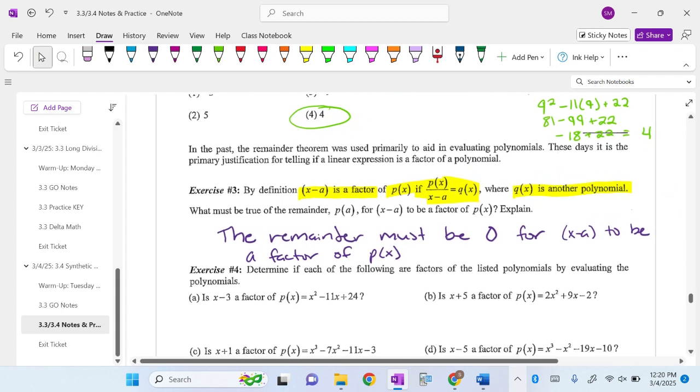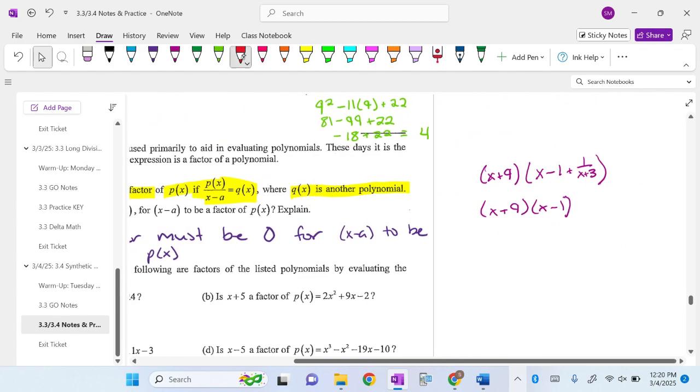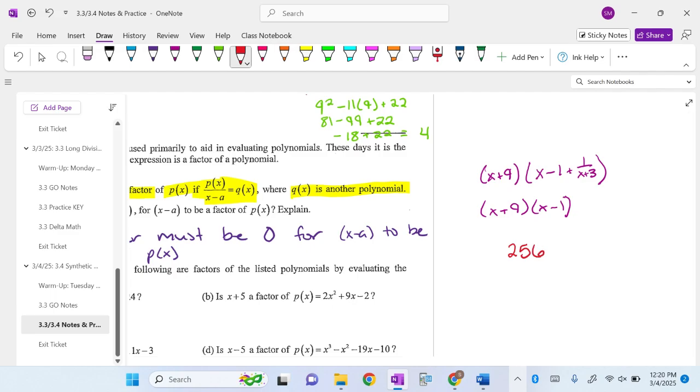Now, that may not make any sense, but let's think about it this way. Say I had 256. We're just going to think about this numerically for a second. You don't need to write this down. But say I started with 256, and I want to know if the number 4 was a factor of 256.